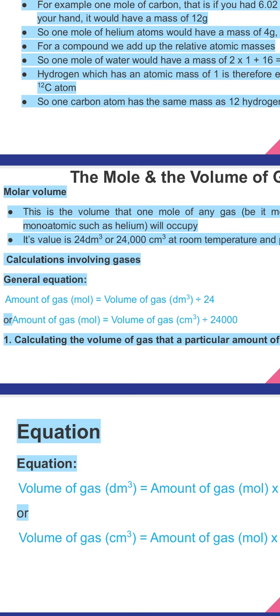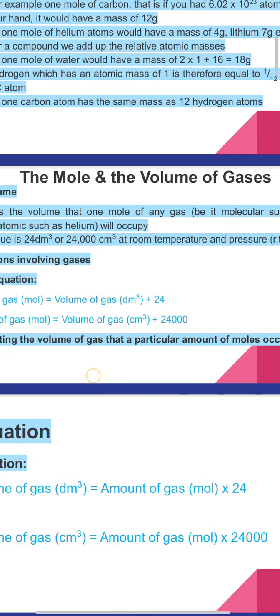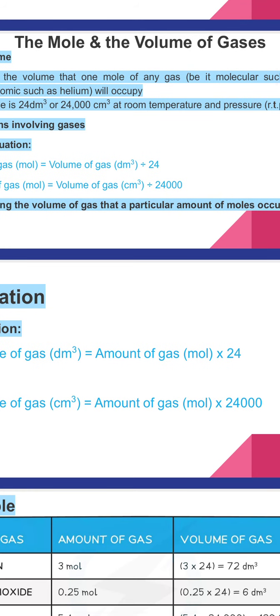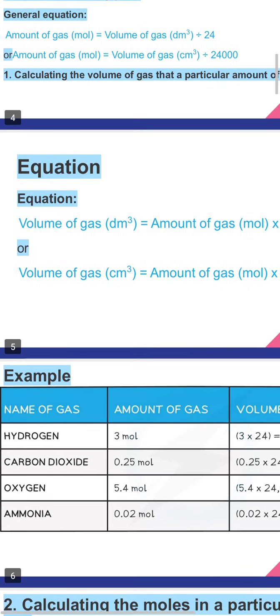So calculating the volume of gas that a particular amount of moles occupies. Equation: volume of gas in dm³ equals amount of gas in mole × 24.